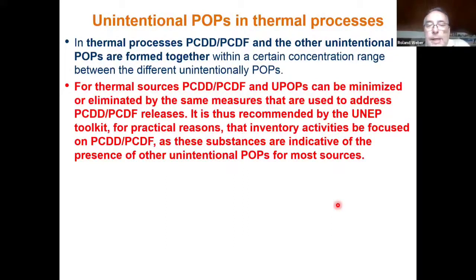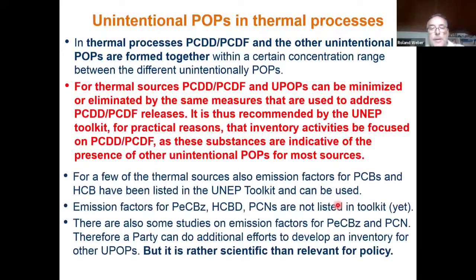And therefore, it is recommended by the UNEP Toolkit approach, for practical reasons, that inventory activities be focused on dioxins and furans, as these substances are indicative of the presence of other unintentional POPs in most sources, particularly the thermal sources.